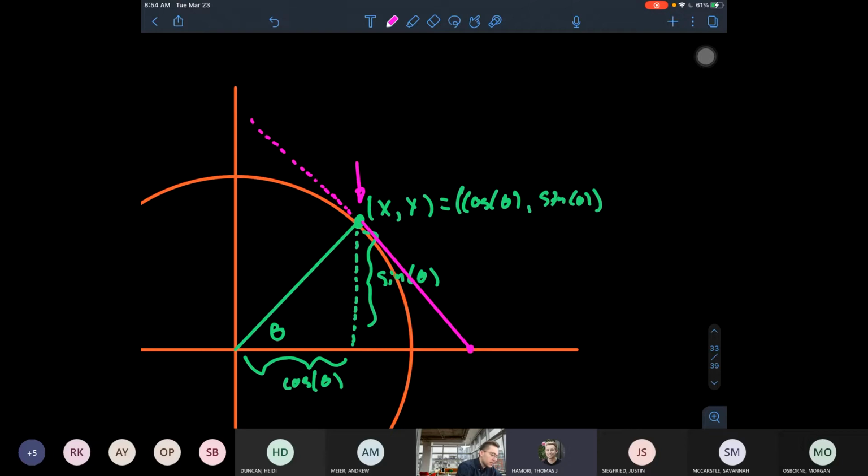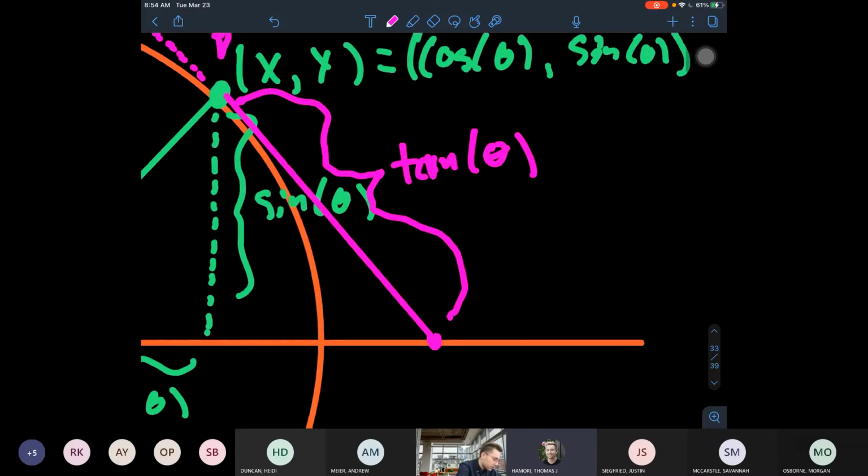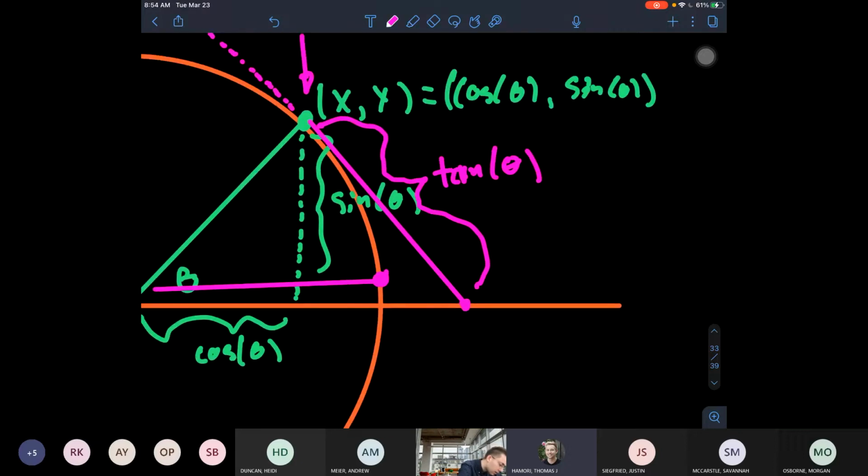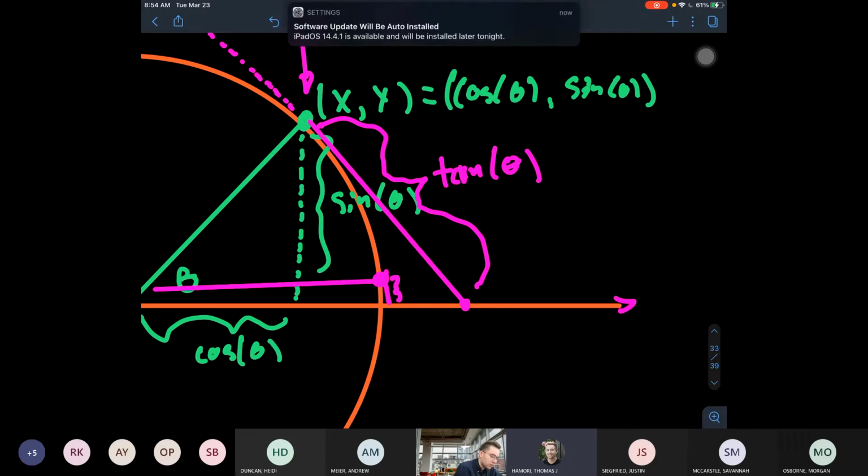And we said that the tangent of theta is going to be the length of this line segment, which connects the point on our unit circle to the x-axis. So for some angle theta which is very, very close to 0, we would get a point on the unit circle right here, and the tangent line would look really, really short. So we can imagine that tangent should take a value 0 for an angle which is close to 0, or which is actually equal to 0.